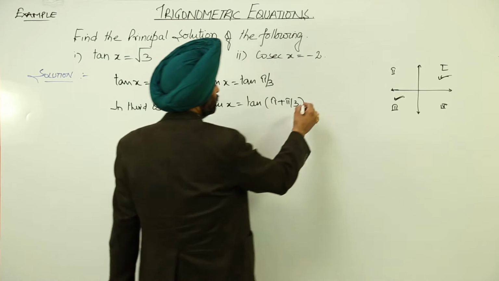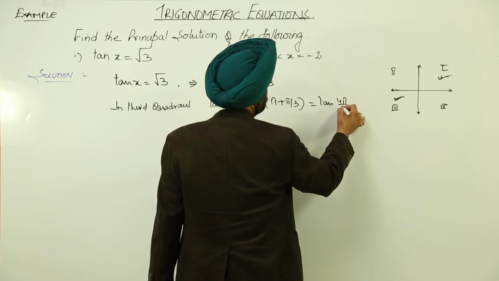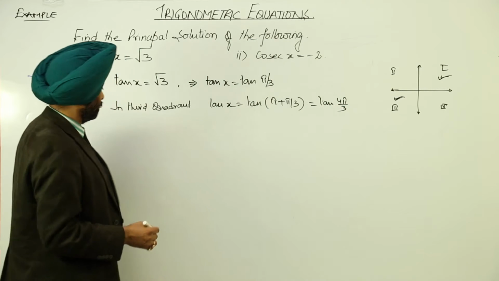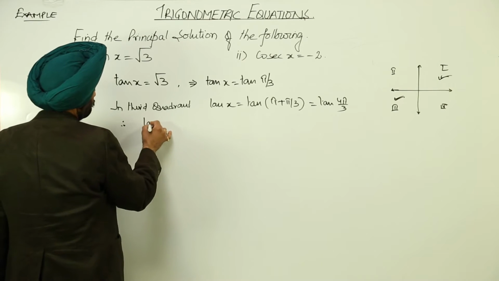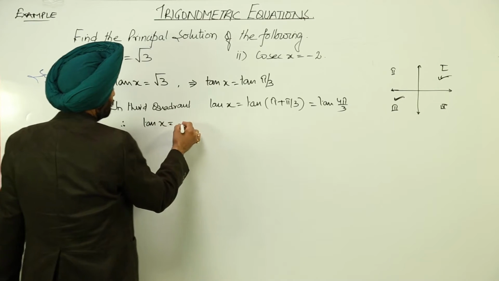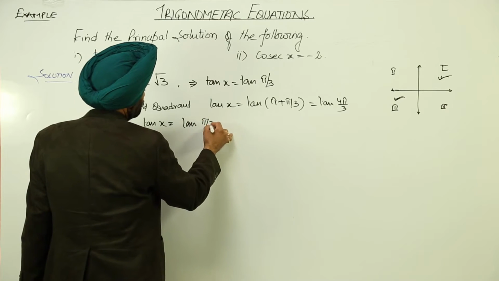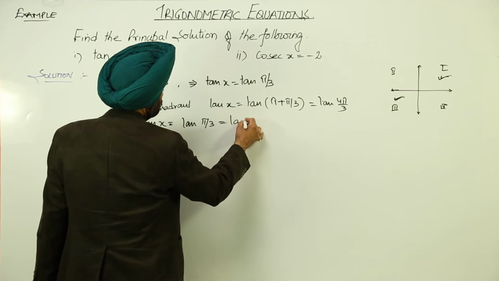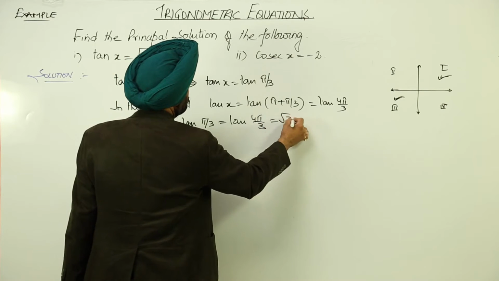So this becomes tan 4 pi by 3. Therefore tan x is equal to tan pi by 3 is equal to tan 4 pi by 3 is equal to root 3.